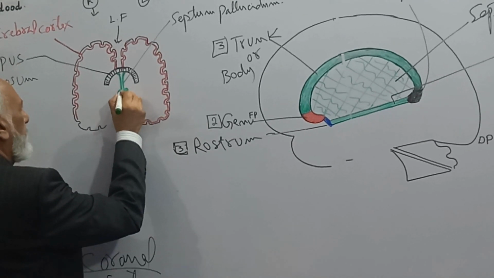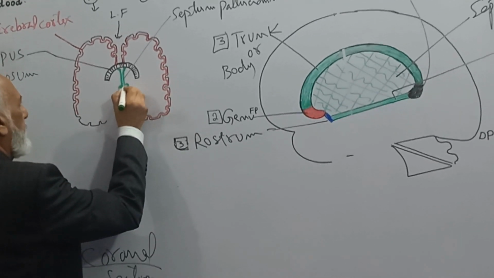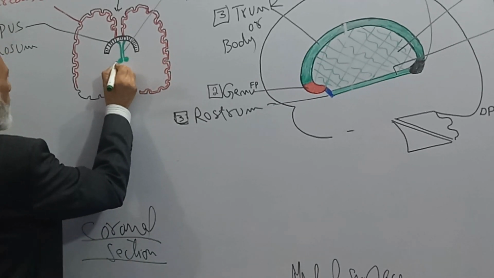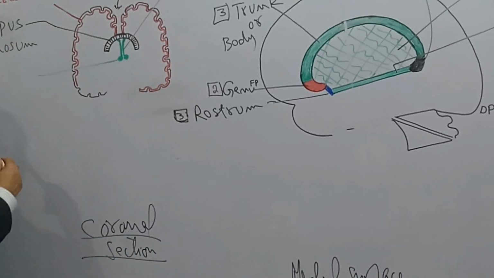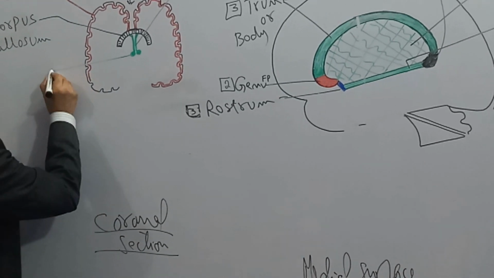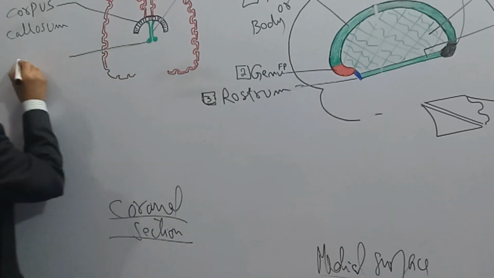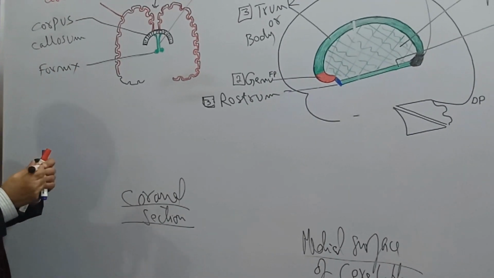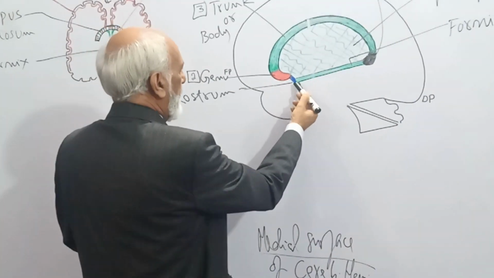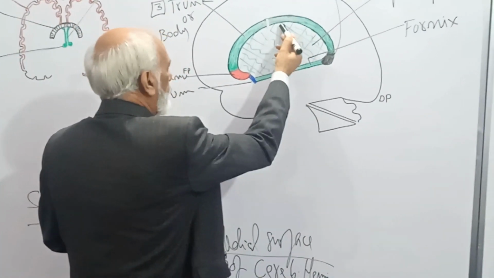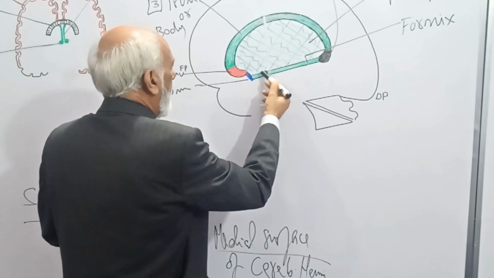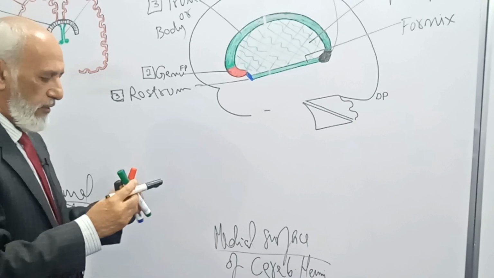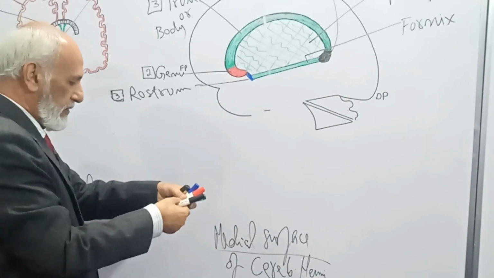Two rod-like nervous tissues, elongated in a right line, are known as the fornix. In this diagram, you can see a lateral view. This is the fornix attached to the lower free border of the septum pellucidum. So these two longitudinal bodies are like this.